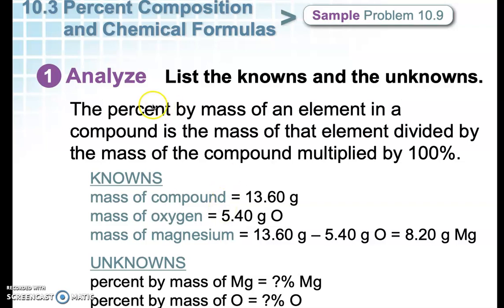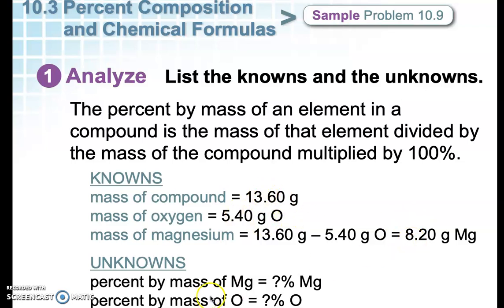The percent by mass of an element in a compound is the mass of that element divided by the mass of the compound multiplied by 100%. So the mass of the compound is 13.60. Mass of oxygen is 5.40. So the mass of magnesium is simply subtracting these two masses, and you get 8.20.